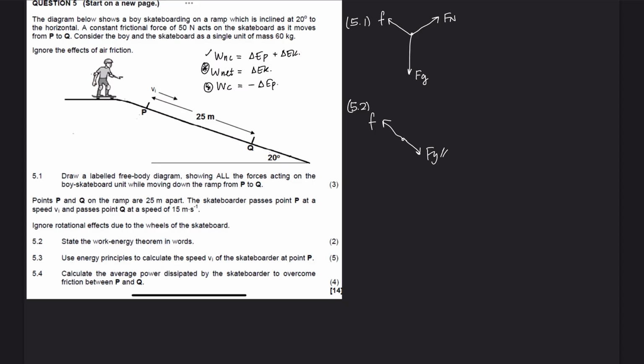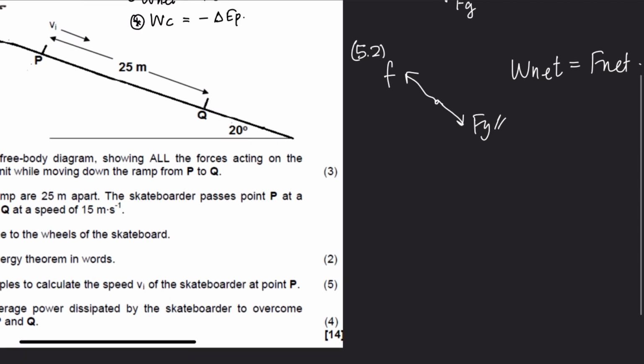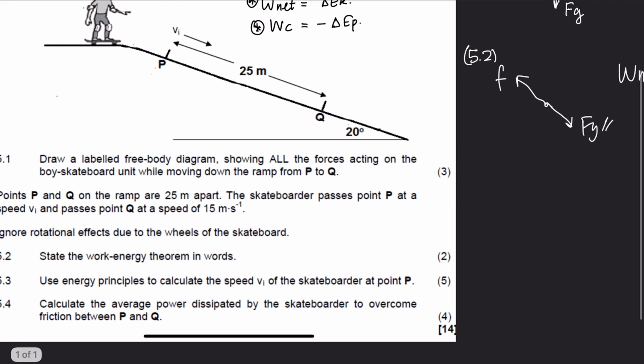So if we wanted to work out W net, it will be F net times delta x times cos theta, and that's going to equal delta EK. Now we can do all of this in one step, but for the purpose of this example, let's break it up so it's a bit easier to understand.